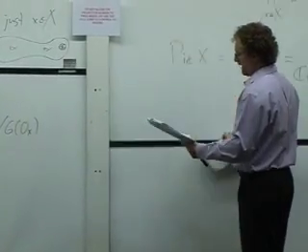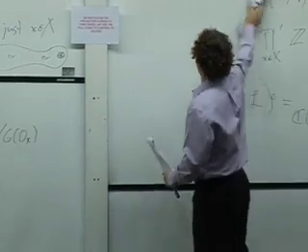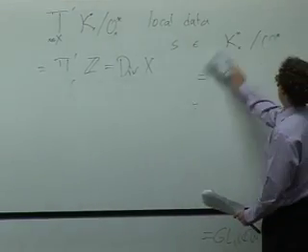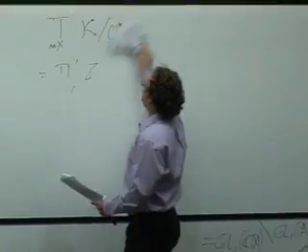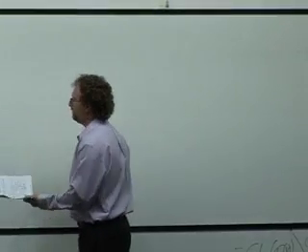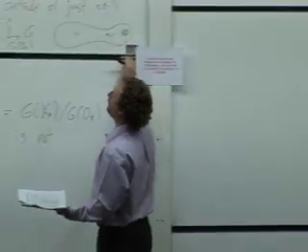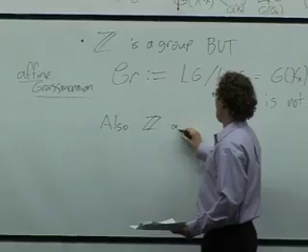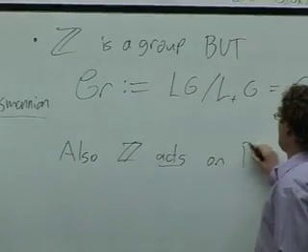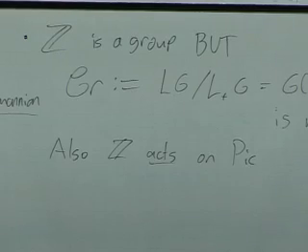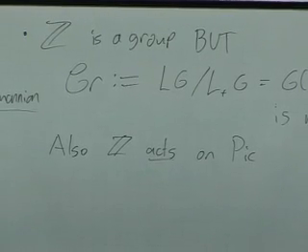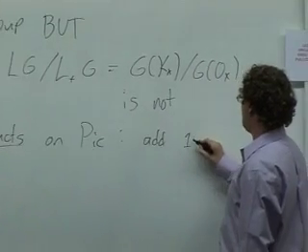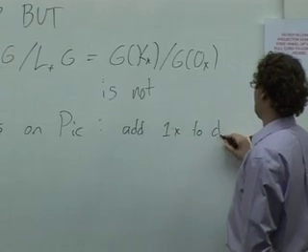And now you can ask what another feature of Z is. Not only is Z a group, but also Z acts on Pic. We have this Z at a point x, and it acts on Pic just by adding 1 times x to the divisor.